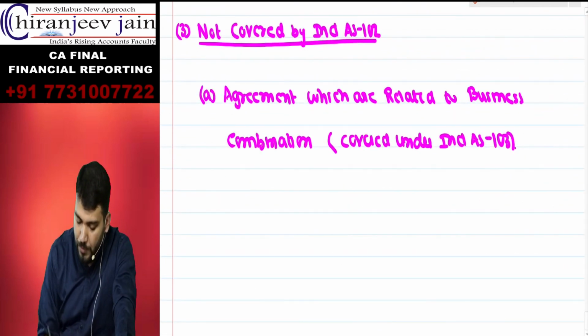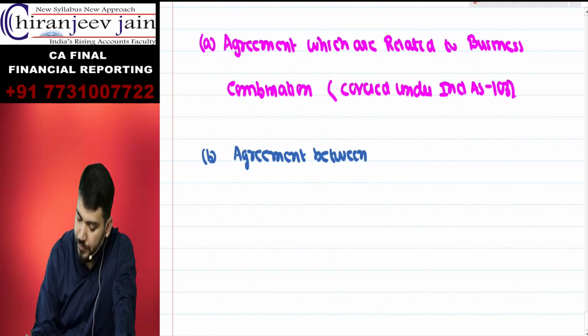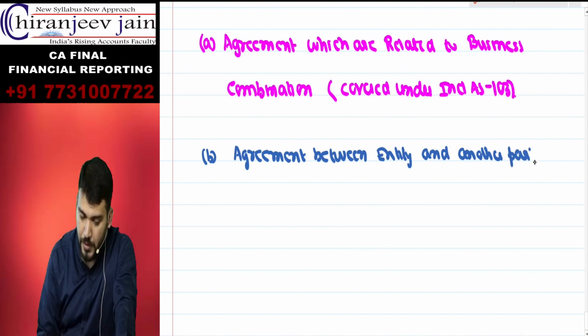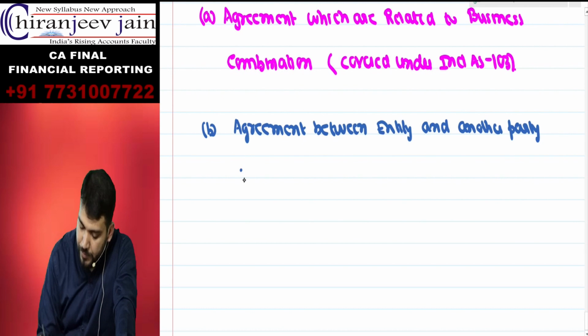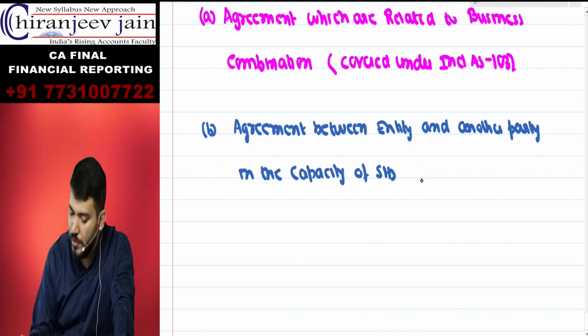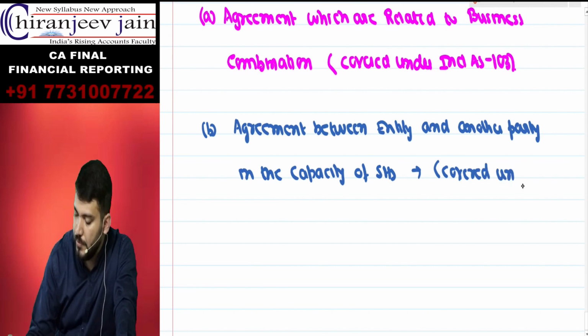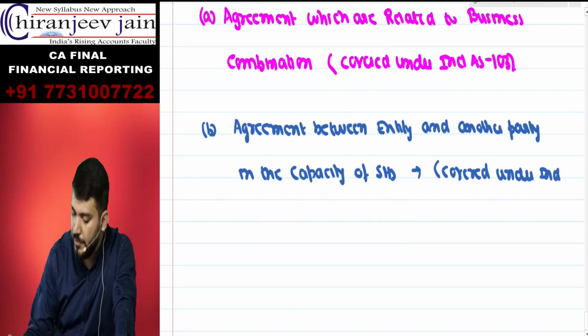Okay. Point number B. Look, an agreement between the entity and another party in the capacity of shareholder is also excluded, and this is covered under Ind AS 32, financial instrument.